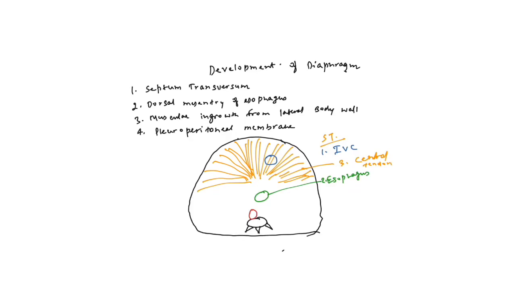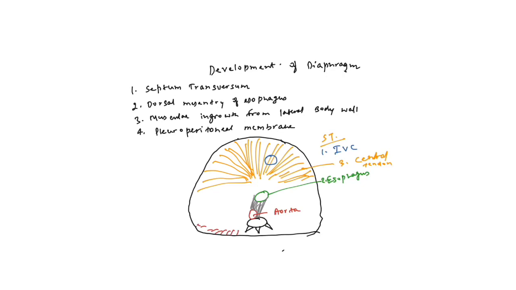Now the second part is dorsal mesentery of esophagus. So this is the dorsal mesentery of esophagus, and aorta lies here. This is aorta. Third are muscular ingrowths from lateral body wall.